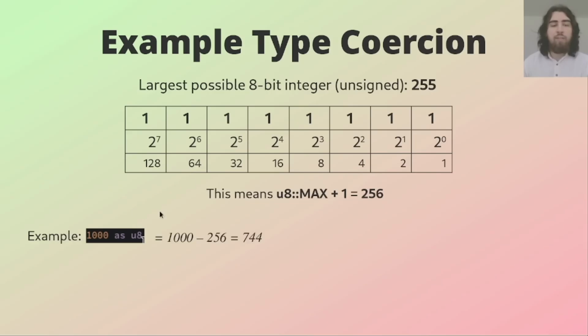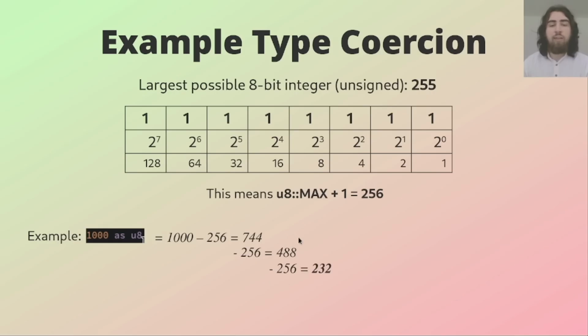It will subtract 256, this value over here, from 1000. And then it will check: 744 is still bigger than the largest value it can represent, meaning it will do the same thing. Subtracting 256 will leave us with 488, still bigger than this value.